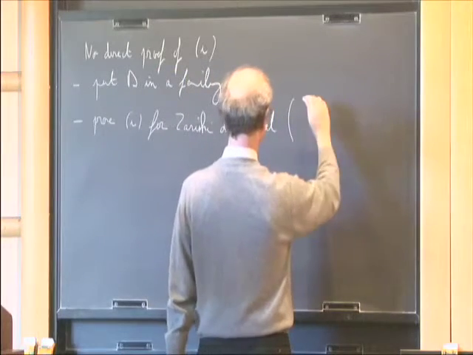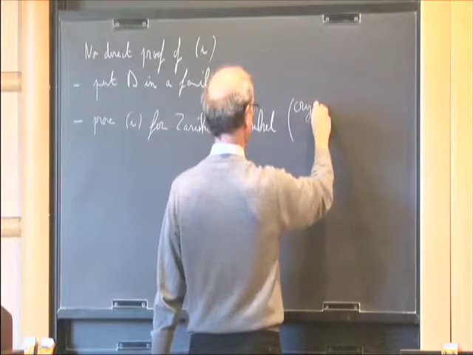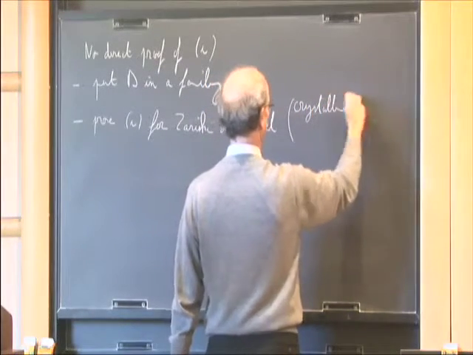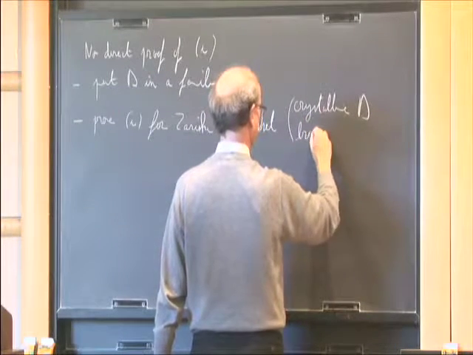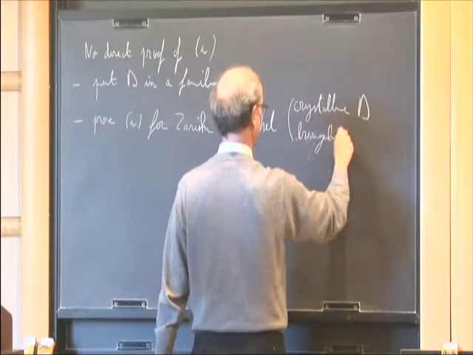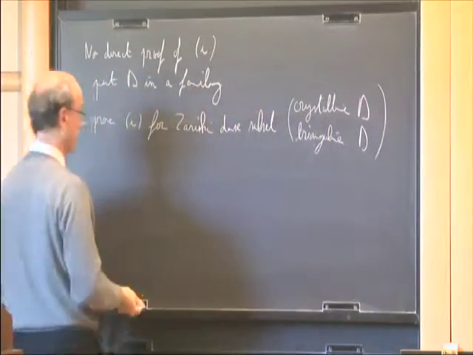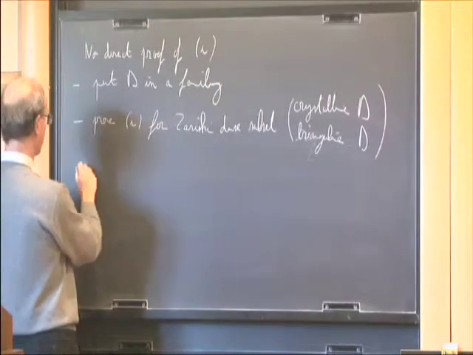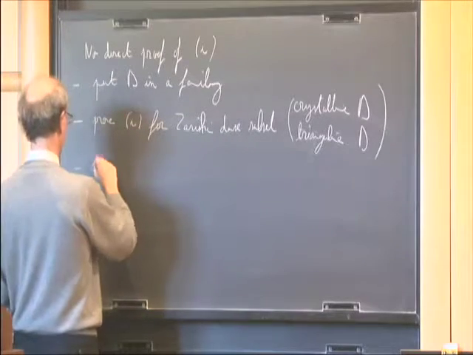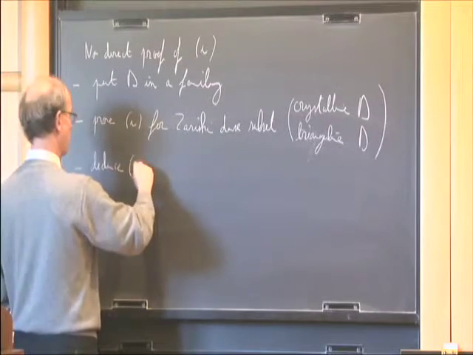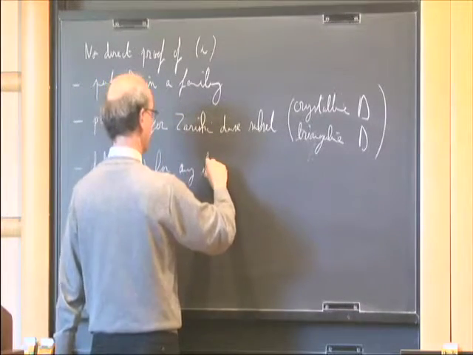This Zariski dense subset, you can choose either the crystalline D or the trianguline D. We are going to choose the second thing, I will explain. And then it is quite formal to deduce 1 for every member of the family, and then for any element of the family.